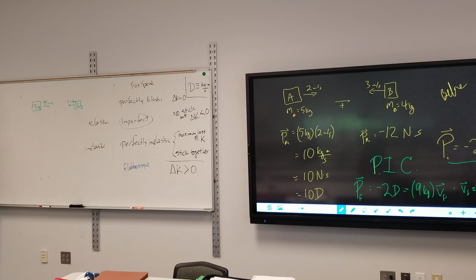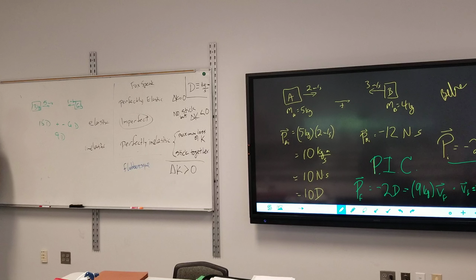We'll see if we can pull this next bit off. All right, in unison. 3, 2, 1. 1 meter per second. Oh, that was much better than I was expecting. That it is 1 meter per second. So we have 15 kilogram meters per second here, plus negative 6, so 9 total.